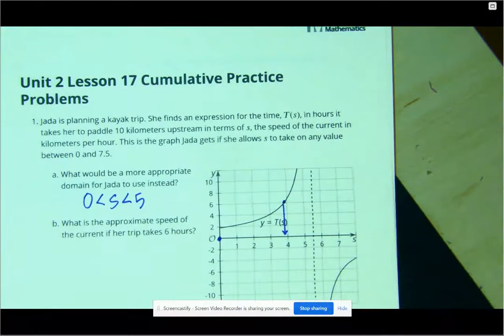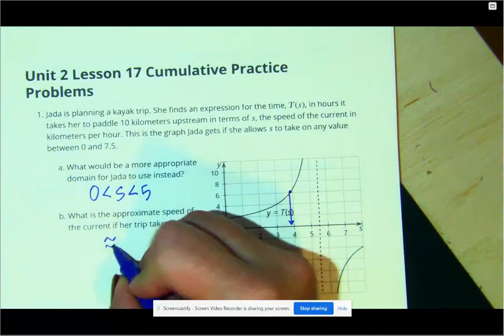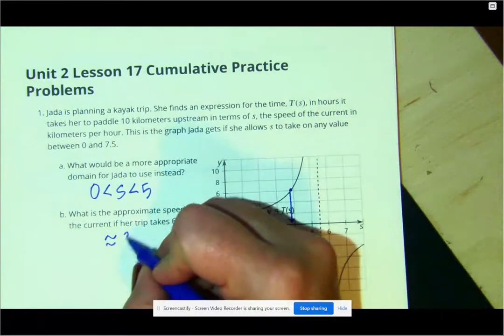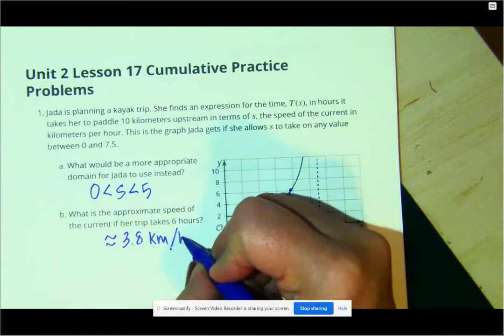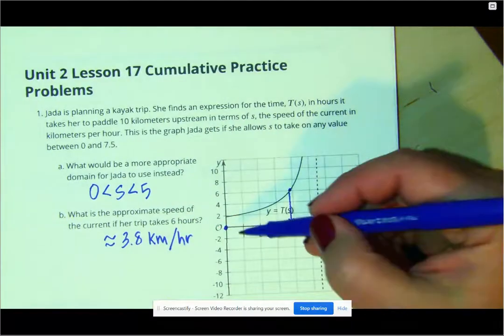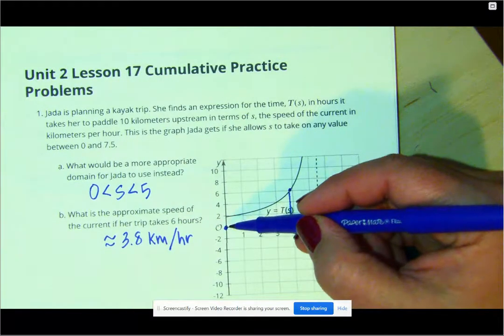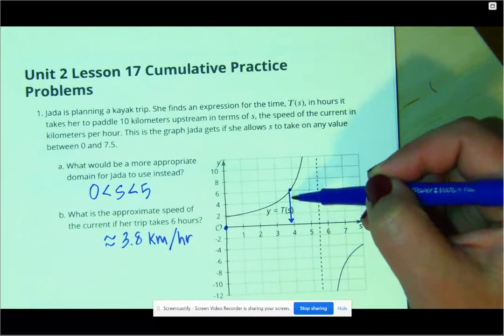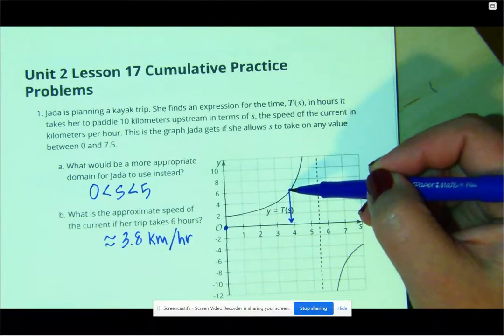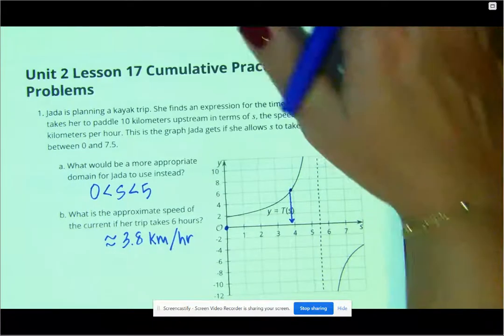We're going to have to approximate, 3.8, 3.9, 3.8 kilometers per hour. If the speed of the current is 3.8 kilometers per hour, the trip is going to take her 6 hours.